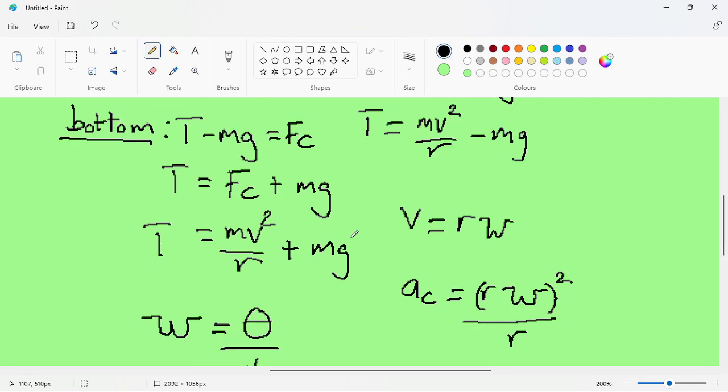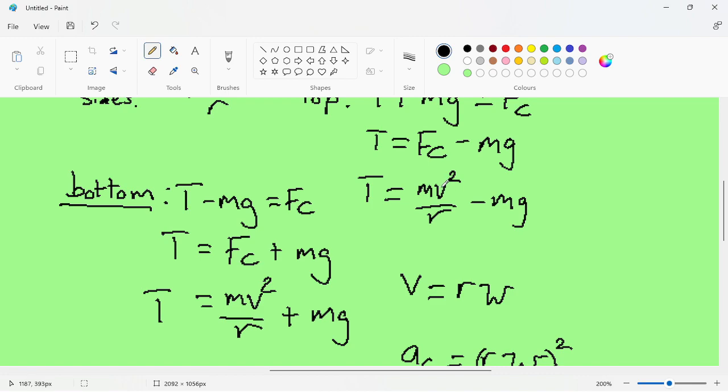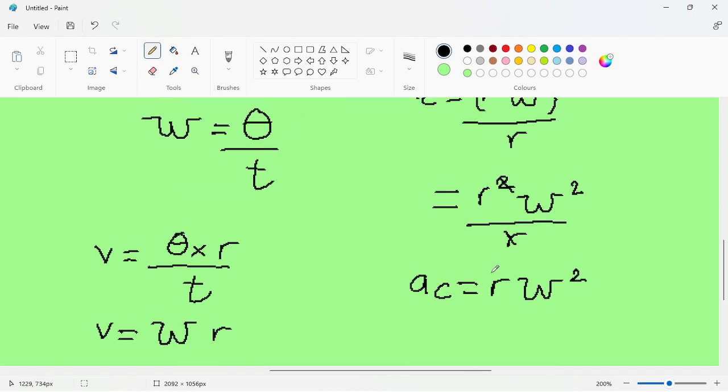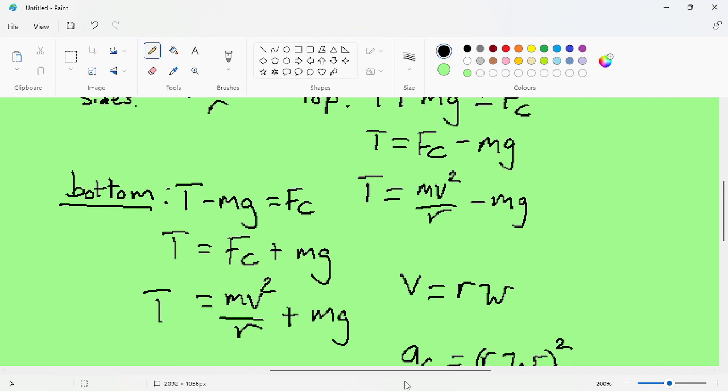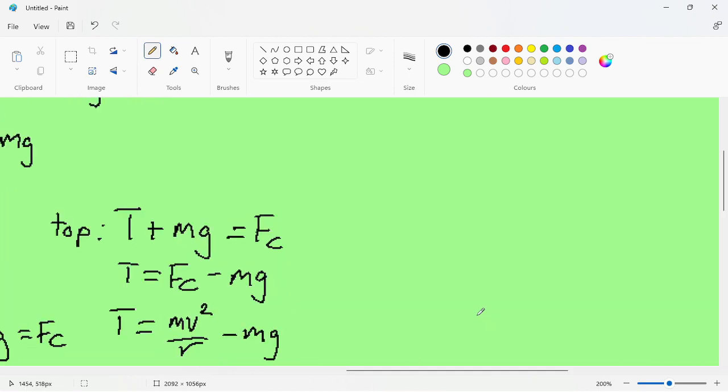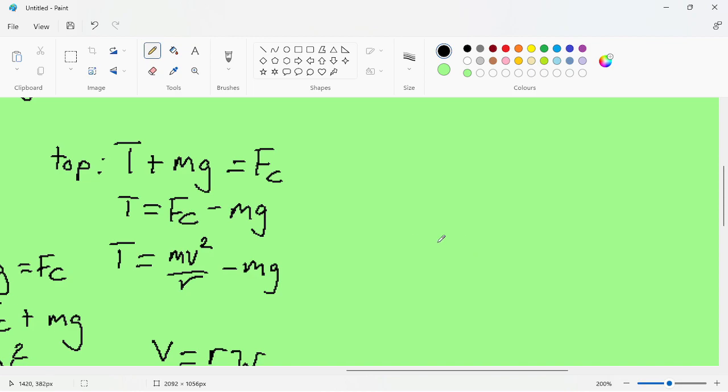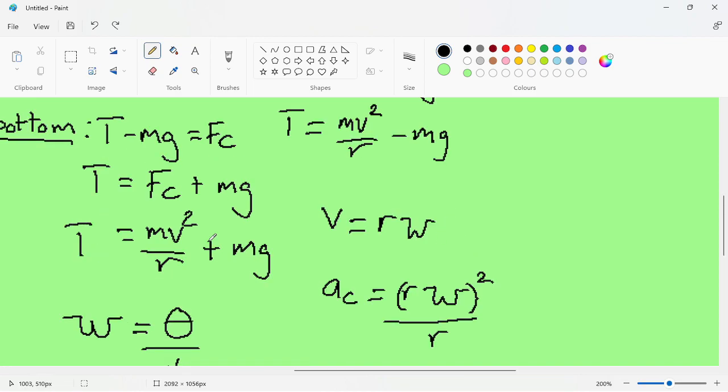Now we can substitute r omega squared for v squared over r, since this is the centripetal acceleration. Instead of writing v squared over r, we write r omega squared. So this is the equation we said we were going to use.